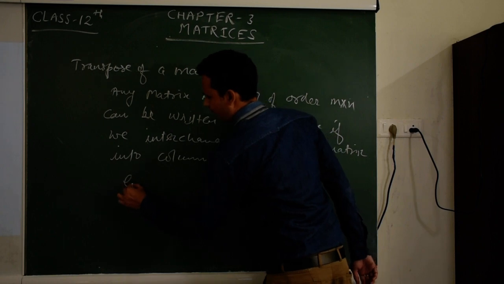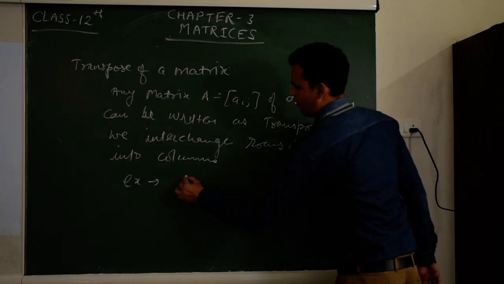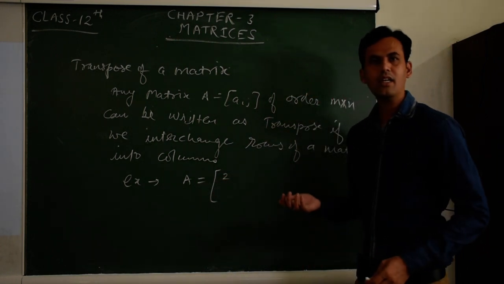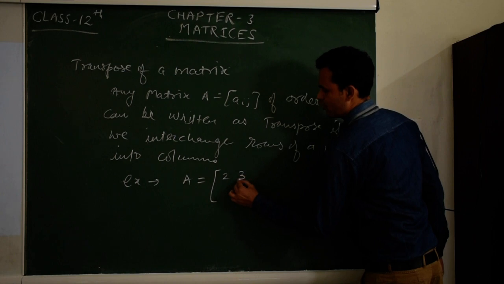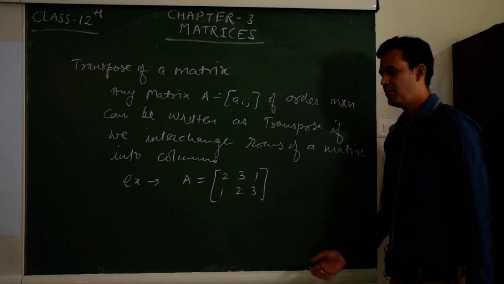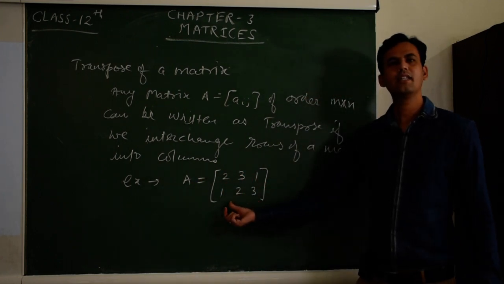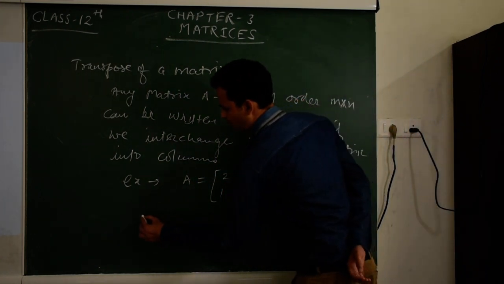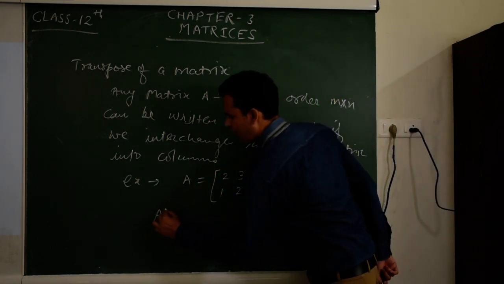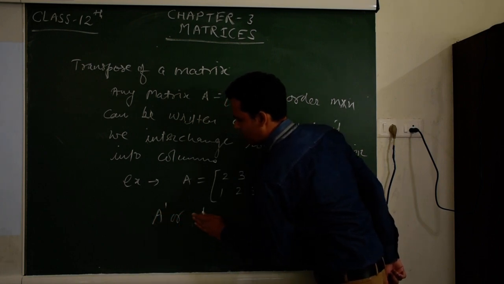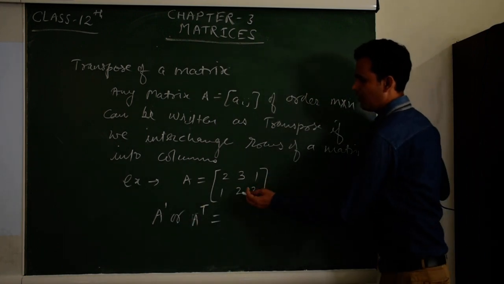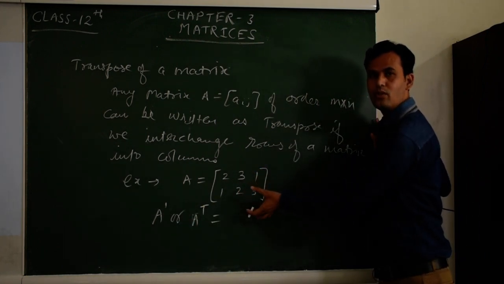Okay, let's see one example. If A is any matrix of order 2 by 3, 2 rows and 3 columns. So 2 3 1 is the first row and 1 2 3 is the second row of matrix A of order 2 by 3. If we write its transpose, then transpose is denoted by A dash or A T. So A transpose means we interchange row into column.